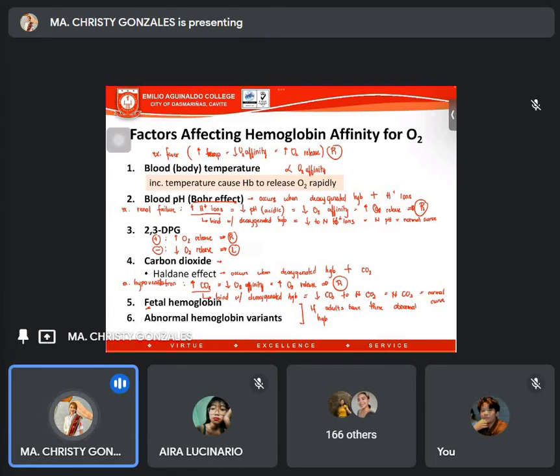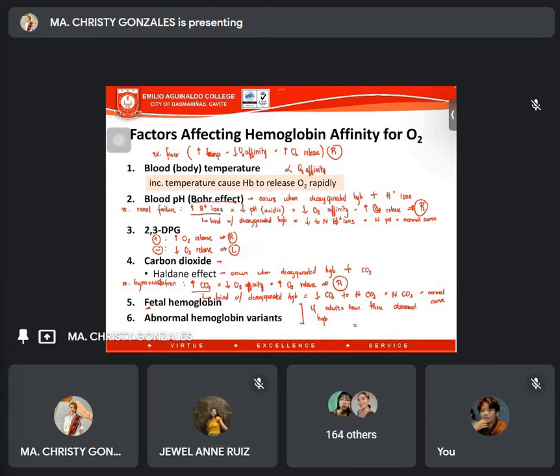Okay po? So, what happens now? So, ang nangyayari po, okay, ano nangyayari sa release? Kung wala pong oxygen, ano nangyayari sa release? Decrease po. Magdi-decrease ang release natin, right?